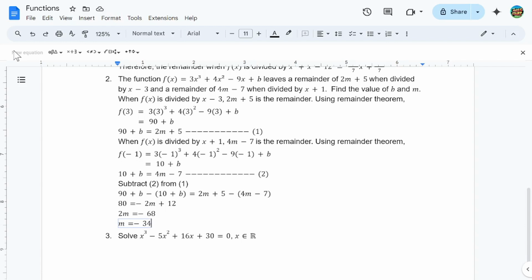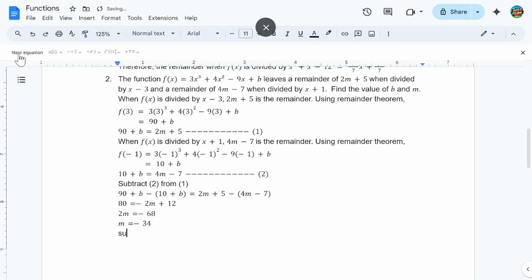So what's next? Again, you must substitute m equals negative 34 into equation number 1, because I don't want to deal with negative numbers. So 90 plus b equals 2 times negative 34 plus 5.